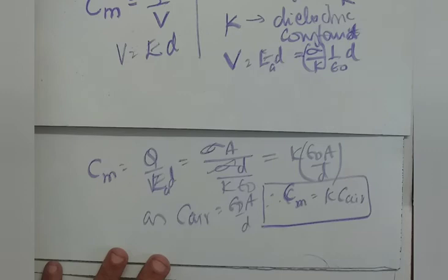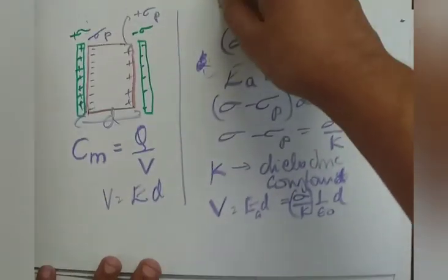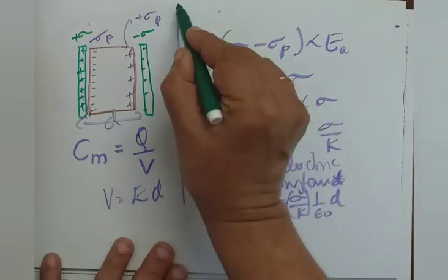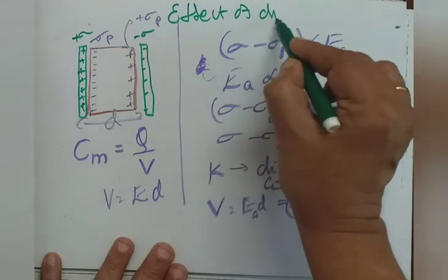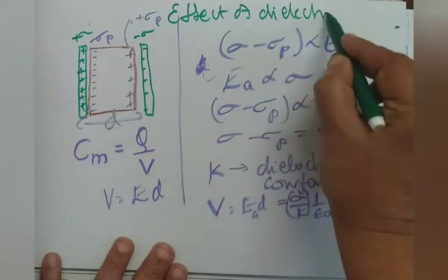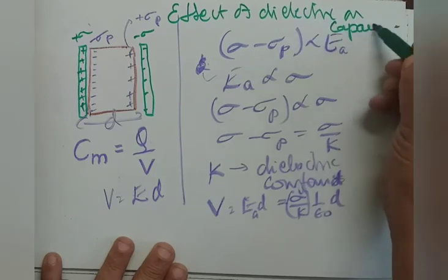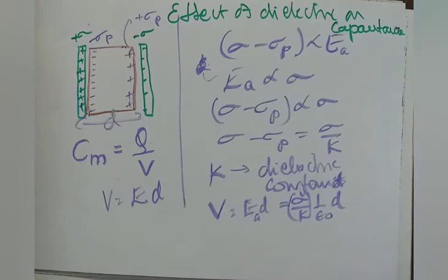So with these ideas, we go through the derivation once again and then proceed to the next topic. Observe, here we are learning the effect of dielectric on capacitance. For that, how did we derive it?